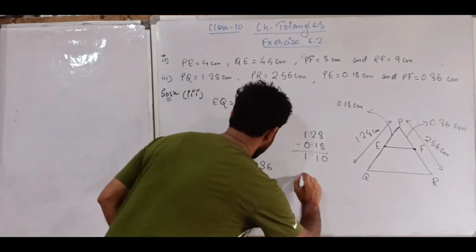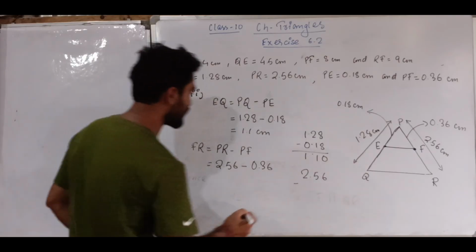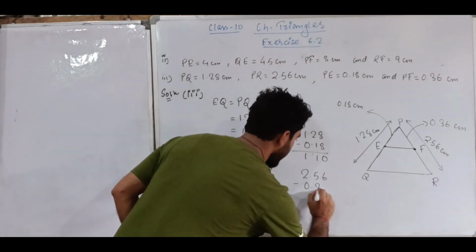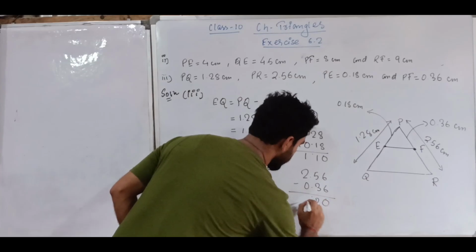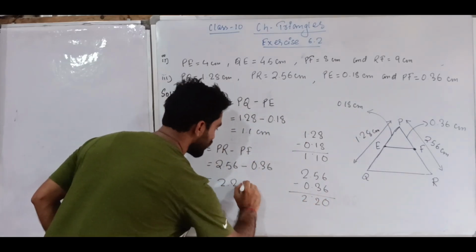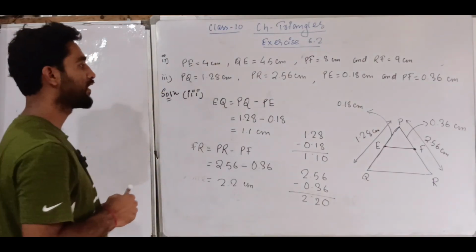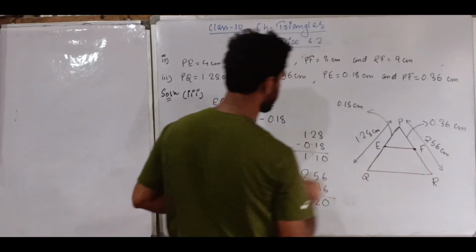Now subtract, what will you get? 2.56 minus 0.36. So we will get 2.2 centimeter.